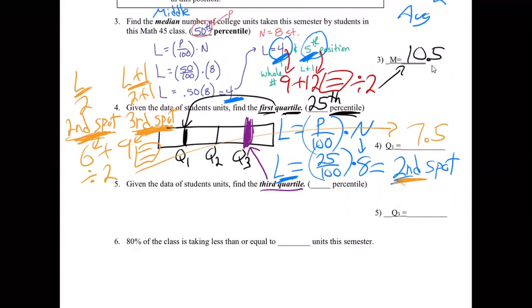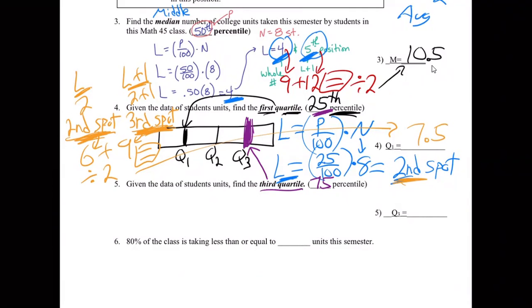Yeah, 75% of the game is over. So this is the 75th percentile. See how I'm coming up with those percentiles? So first quartile is 25% over. Third quartile, the game is 75% over.